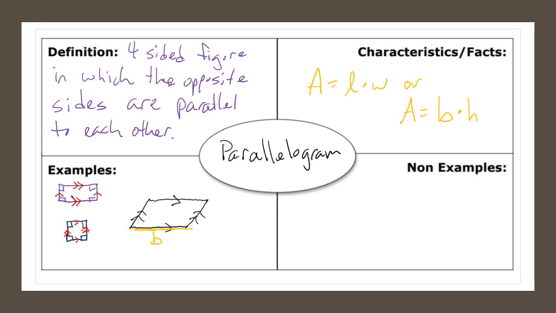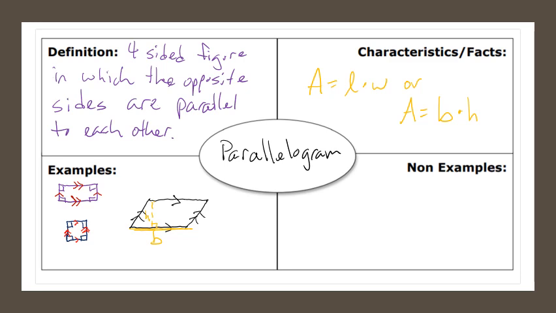To find the height, it's going to be an altitude: the distance from the bottom side to the top side, where it intersects the bottom side or top side at a 90-degree angle. So this here is the height.